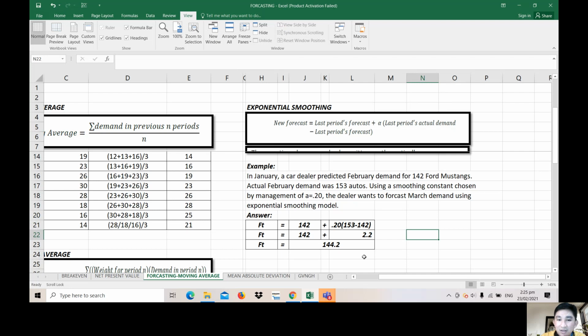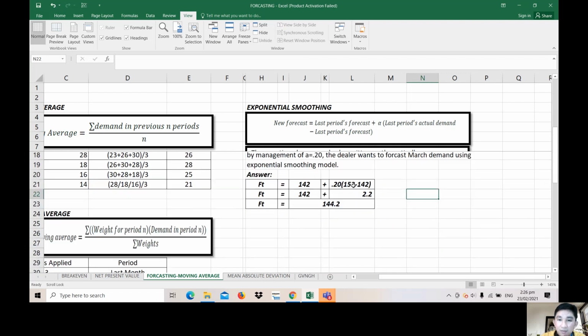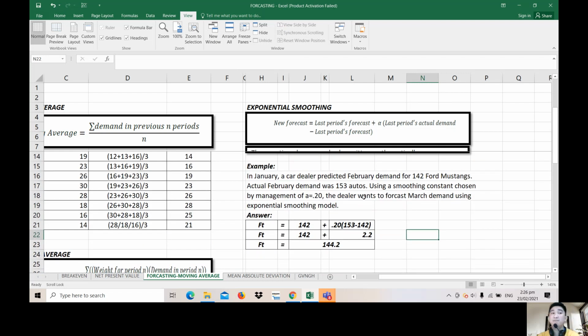So, for us to get the new forecast, otherwise known as FT, we need our last period's forecast. Since we are forecasting March, our basis is the month of February. What was our forecast for February? They predicted they would produce 142 Ford Mustangs.